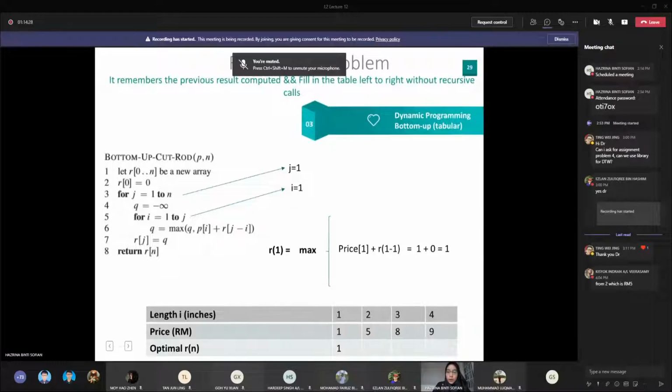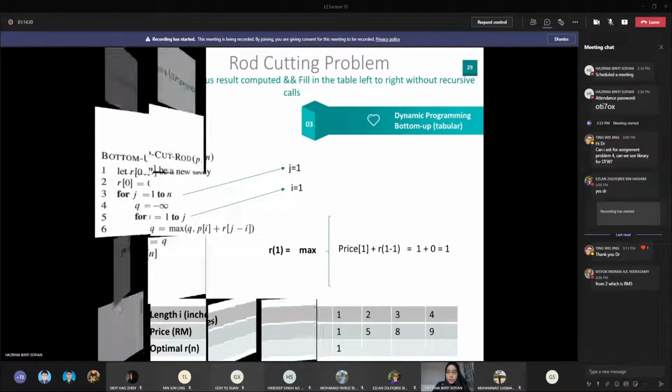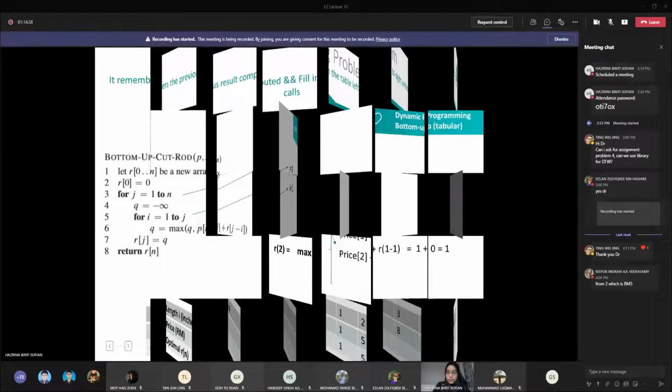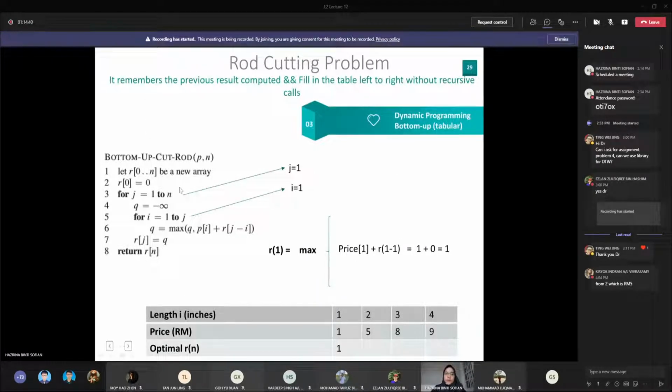Okay, so now we start from j equals 1, and it needs to traverse from i to j. So they give another variable j here. Then we will need to do this q.